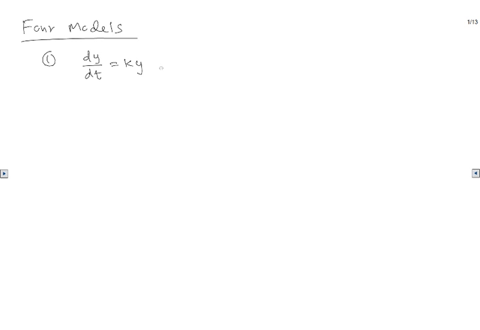This works for exponential decay and exponential growth, depending on whether k is positive or negative. The solution was y equal a naught e to the kt.